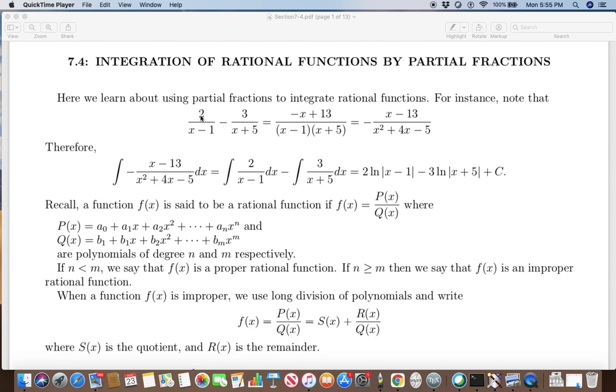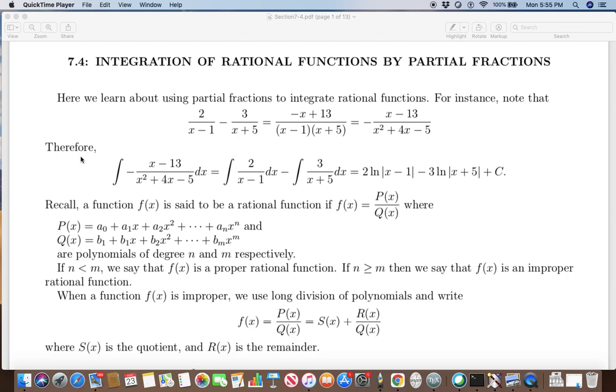For instance, note 2 over x minus 1 minus 3 over x plus 5 is, assuming I have calculated this subtraction correctly, negative x plus 13 over x minus 1 times x plus 5, which is negative x minus 13 over, when I unravel this, x squared plus 4x minus 5.